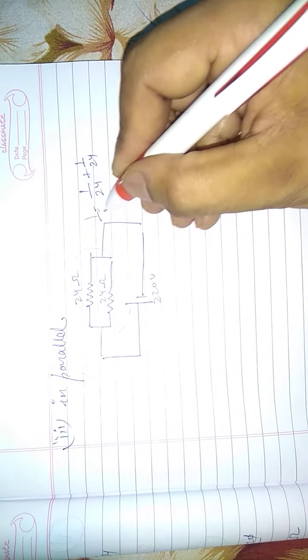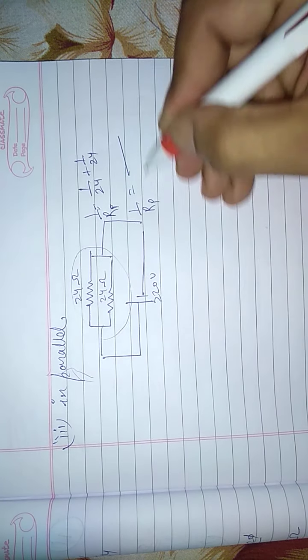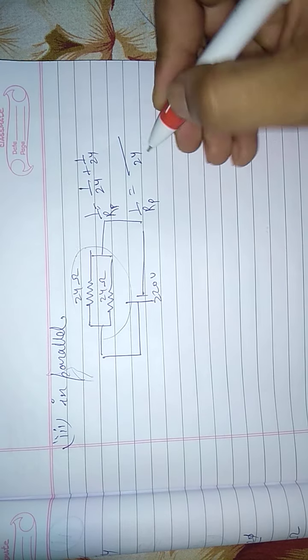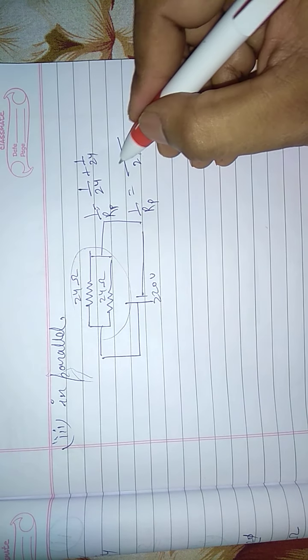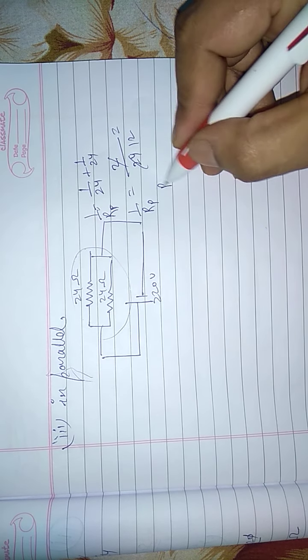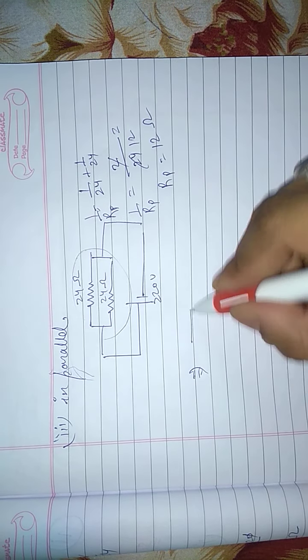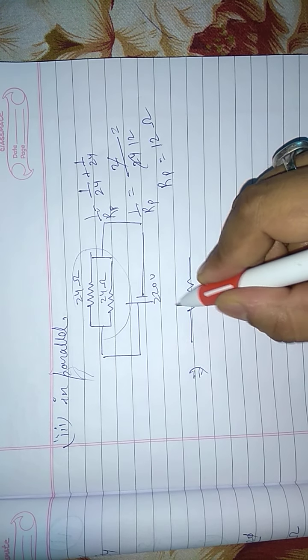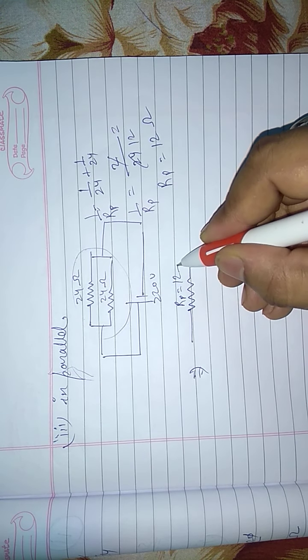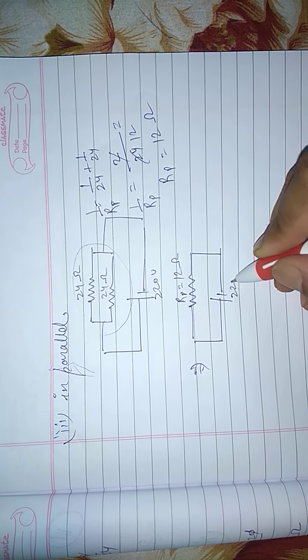This is the R total, R parallel. 1 upon R parallel will be equal to, 24 is the LCM, 2 upon 24, that is 1 upon 12. So Rp equal to 12 ohm. So the equivalent circuit has a single Rp equal to 12 ohm resistance and this is 220 volt.